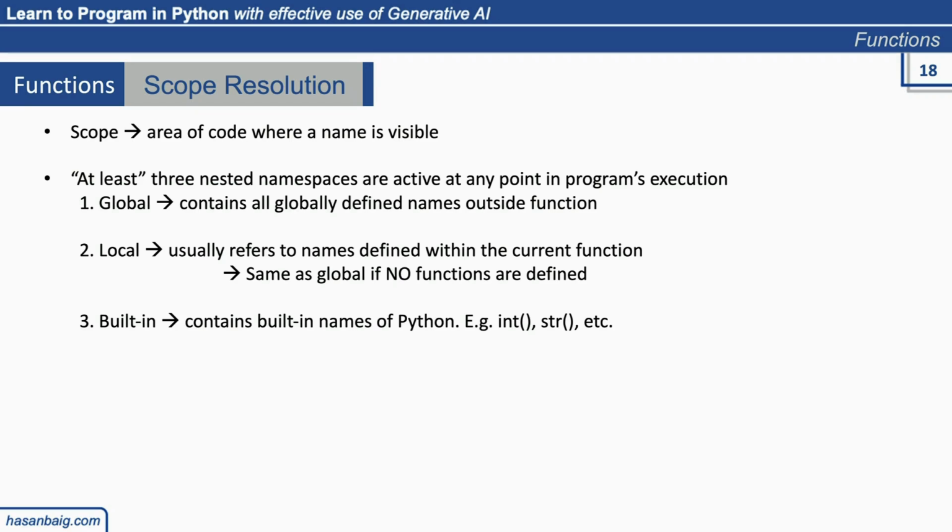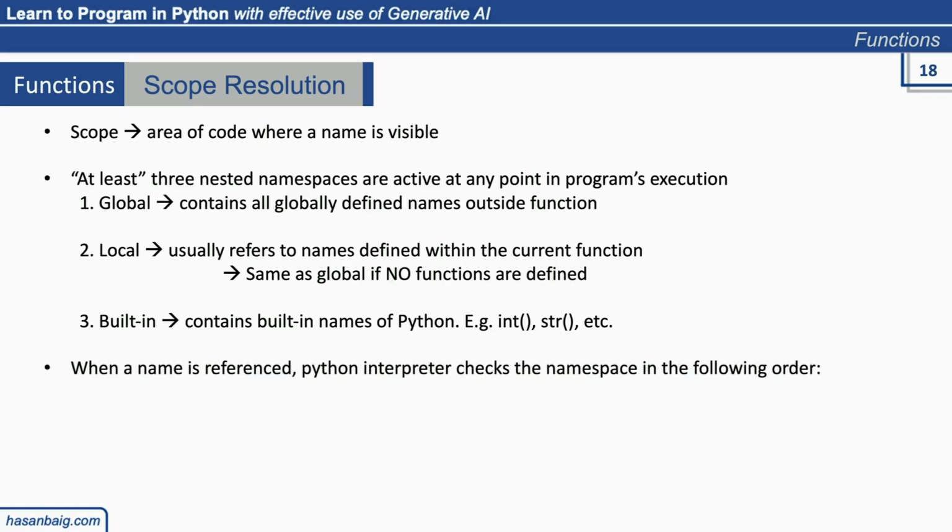No, so they are already defined, and where they are defined is generally referred to as the built-in namespace, because these are built-in functions. You do not need to define them, they are predefined. So what happens is, when a name is referenced, the Python interpreter checks the namespaces in the following order: local namespace, global namespace, and then built-in namespace.